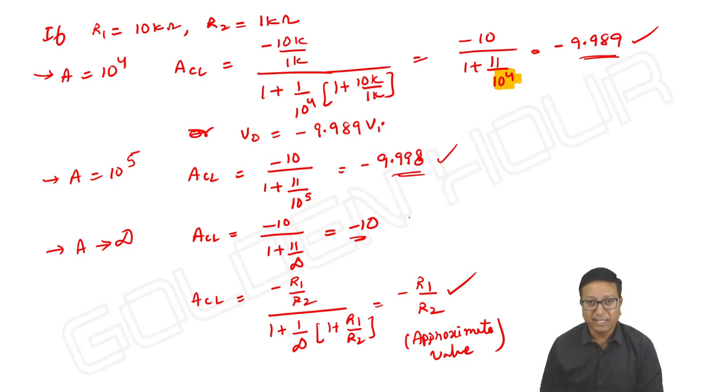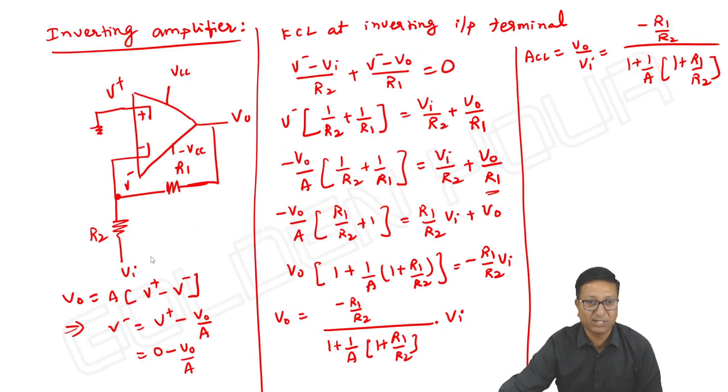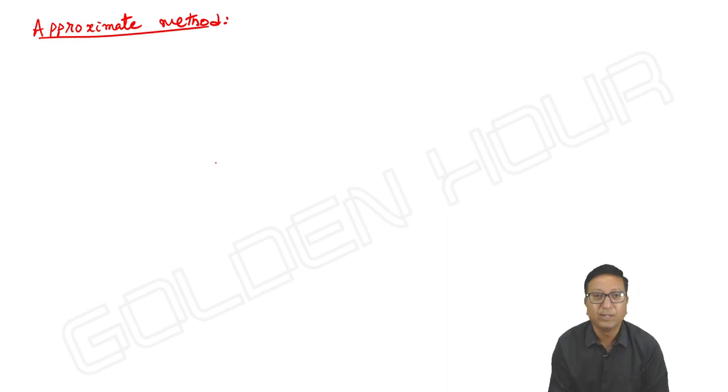Again, instead of analyzing everything and assuming at the end that the open loop gain is infinity, let us take the value of open loop gain as infinity from the beginning itself. That is called the approximate method.